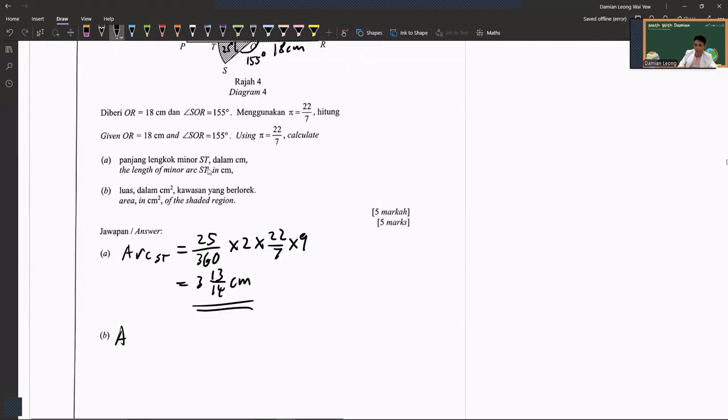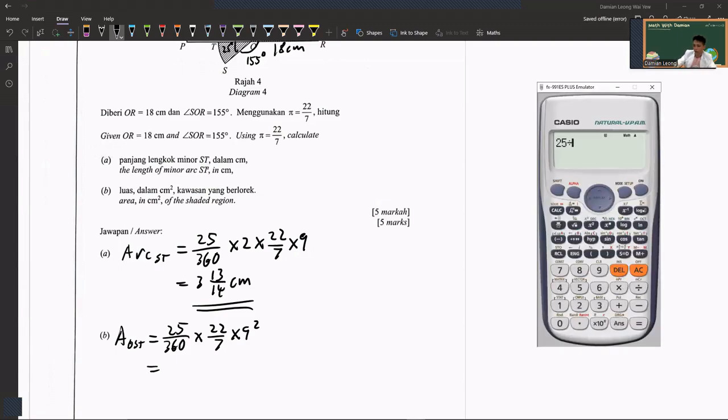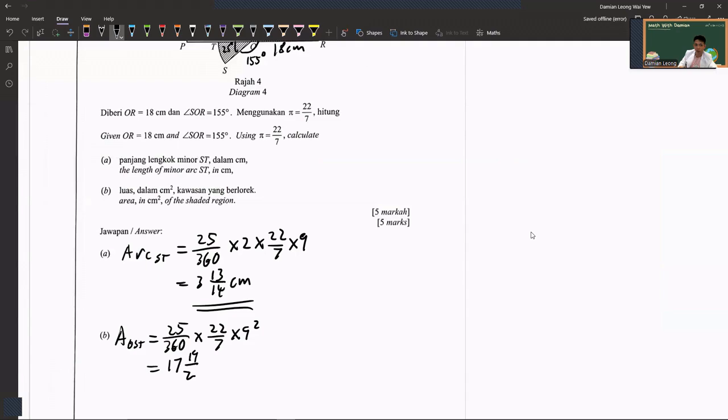Area of OST, angle over 360 times area of circle, pi 22 over 7 times r squared, 9 squared. 25 over 360 times 22 over 7 times 9 squared, which is, yeah, let's put mixed number. 17 19 over 28.